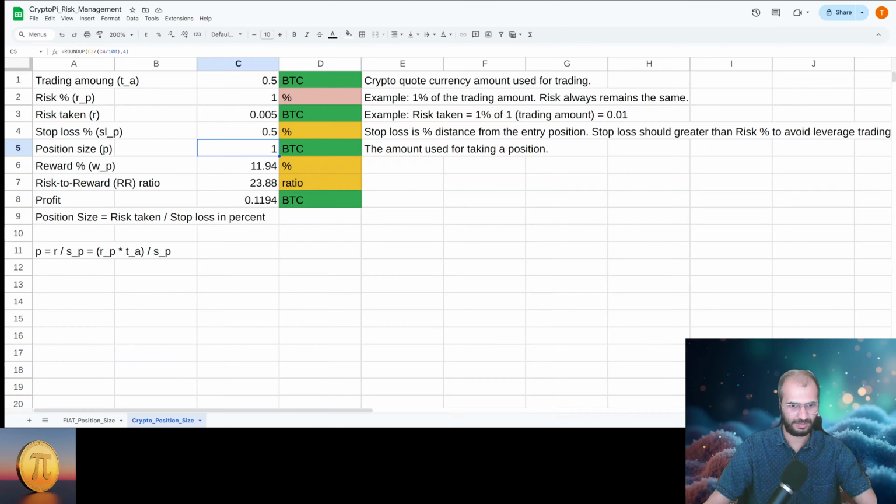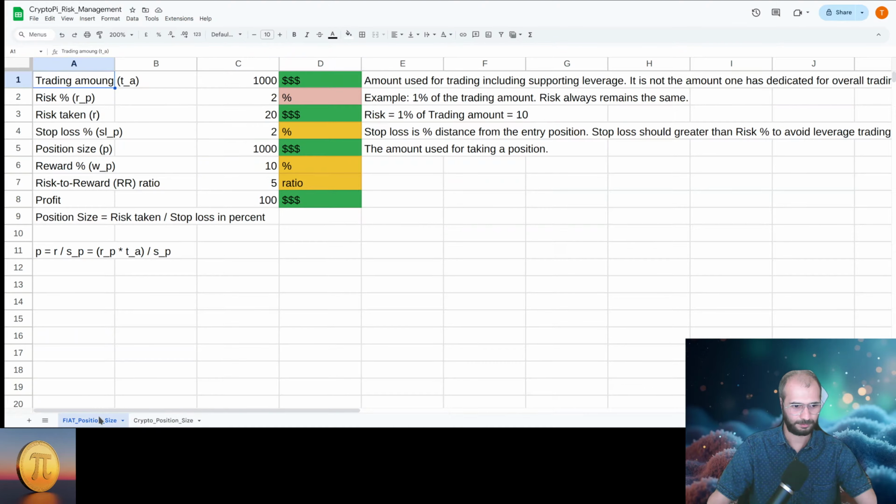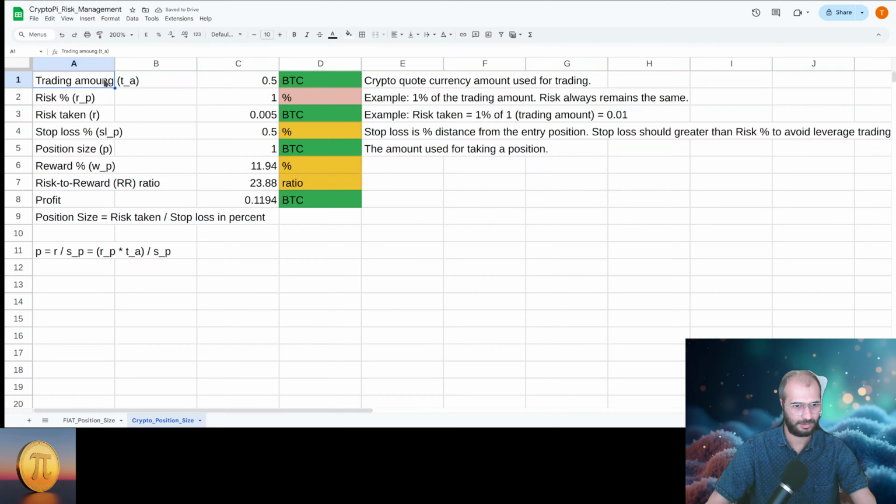If we simplify this, going to the USDT position, let's say we have $1,000 as the trading amount. Oh, this is a typo here. Let's fix that.